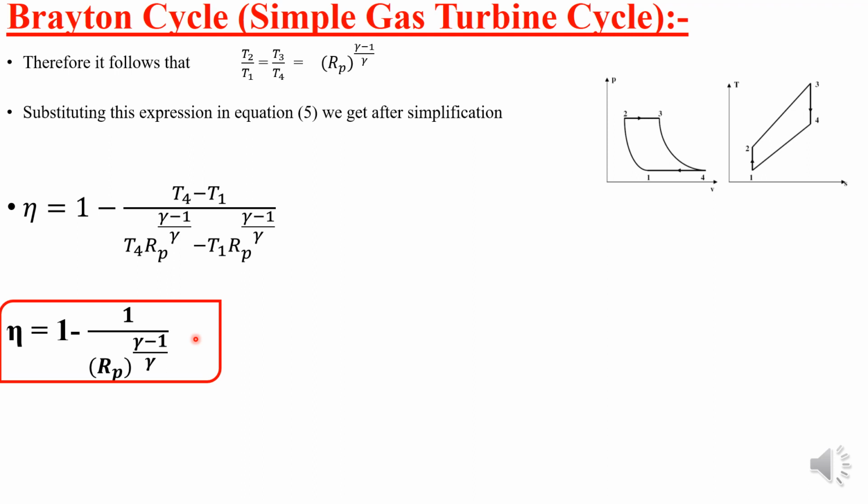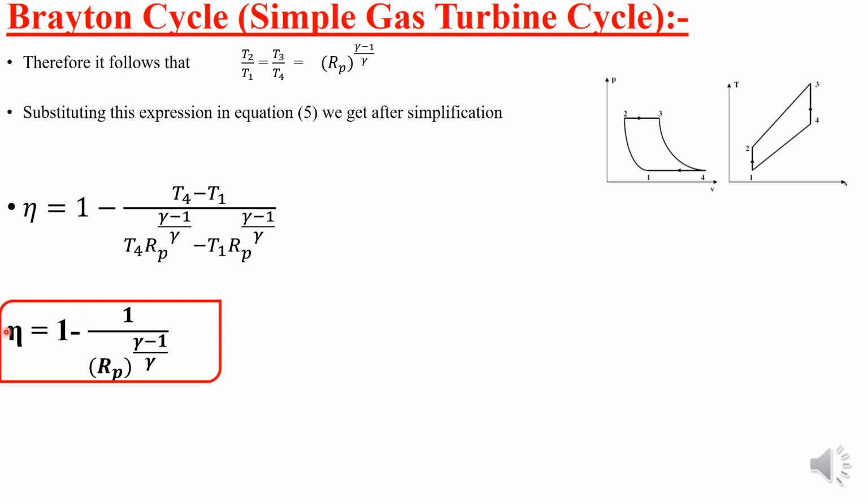Therefore, your Brayton cycle efficiency depends upon your pressure ratio. This expression you might have gone through in module 1. Module 1 had the Otto cycle, which has the same kind of expression. You just check that Otto cycle efficiency.